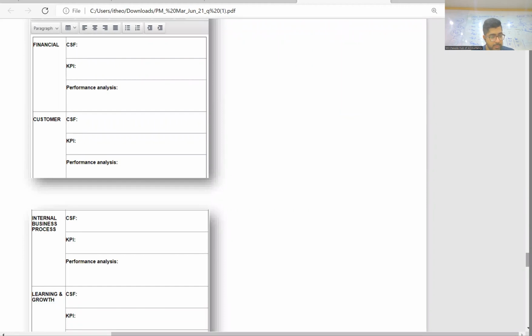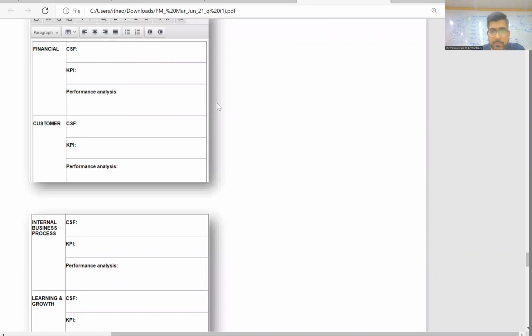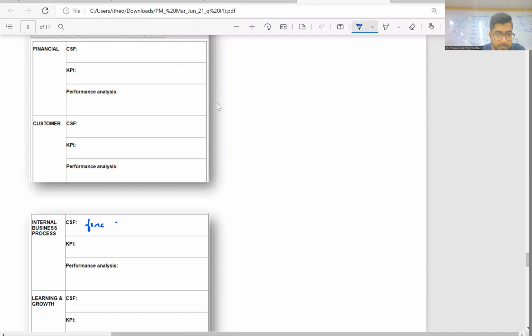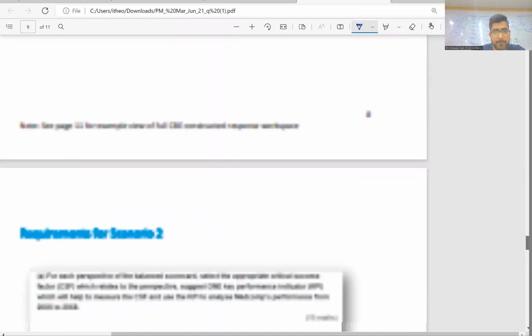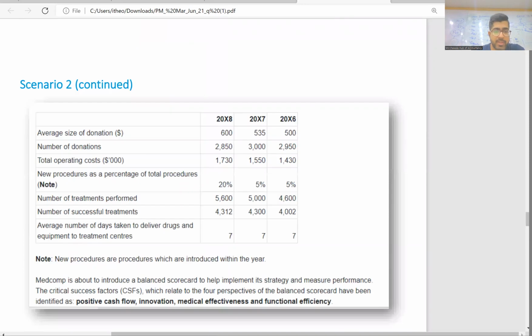Now, for the internal business perspective, we told you that the critical success factor is most likely to be functional efficiency. Okay, critical success factor for internal business perspective is functional efficiency. Indicator to measure functional efficiency from the data is 7 days, 7 days, 7 days. That's the number of days taken to deliver drugs and equipment. This is the measure of efficiency. This is the KPI indicator to measure CSF, that is functional efficiency.